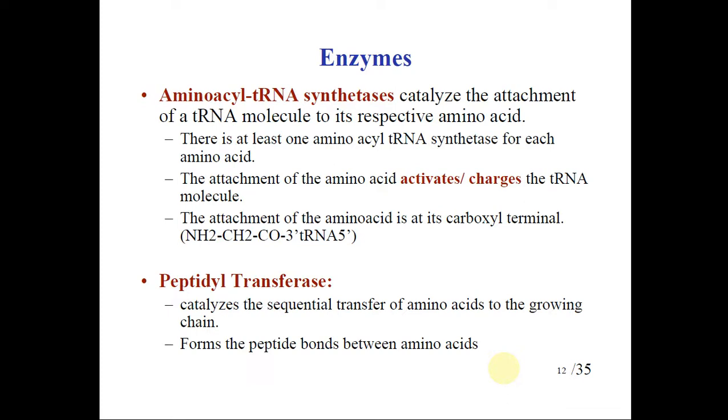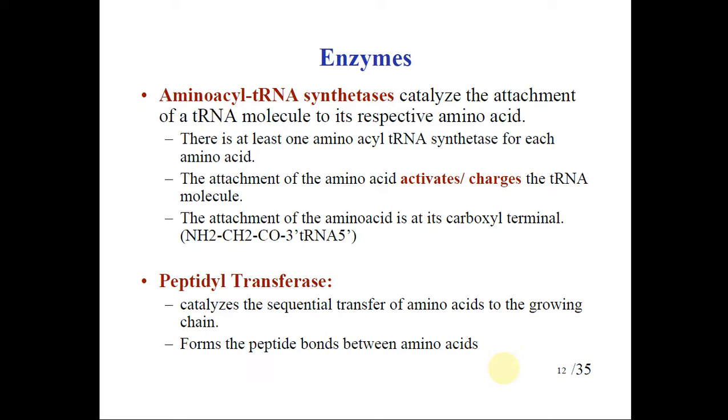So the enzyme amino acyl tRNA synthetase catalyzes attachment of an amino acid to the tRNA molecule. There is at least one amino acyl tRNA synthetase for each amino acid.